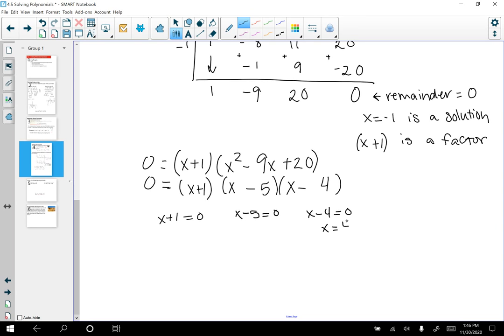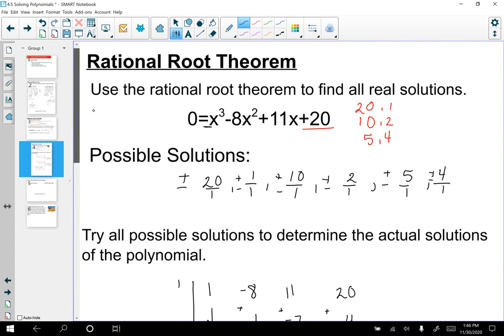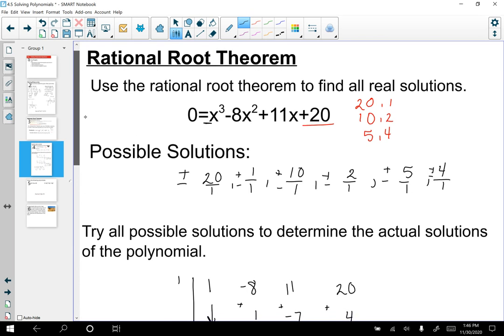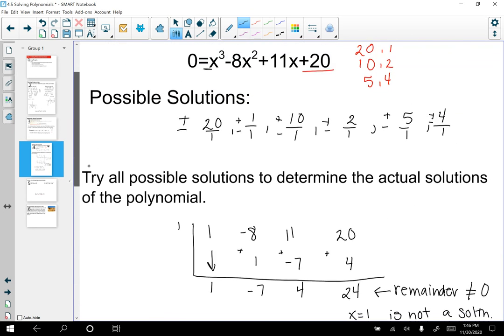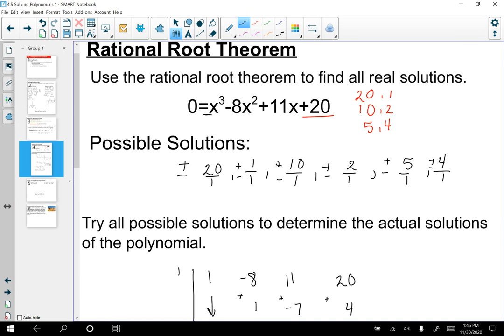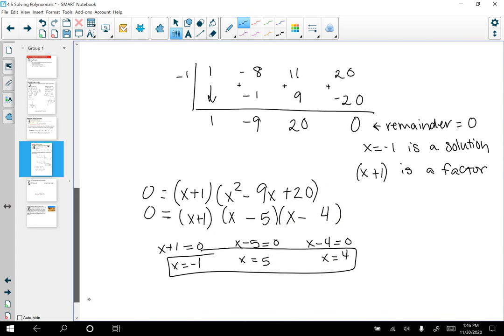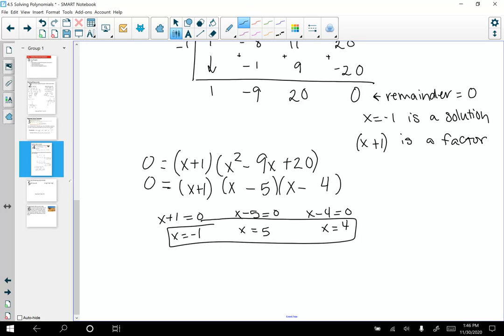So I get x equals 4, x equals 5, and x equals negative 1 as the solutions to this, or the roots to this polynomial function. And if we go back and look, it was a cubed function, right? x cubed, third degree polynomial, and we ended up with 3 answers.